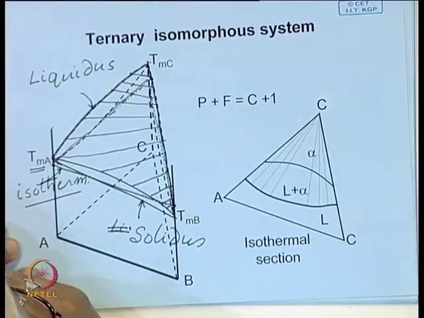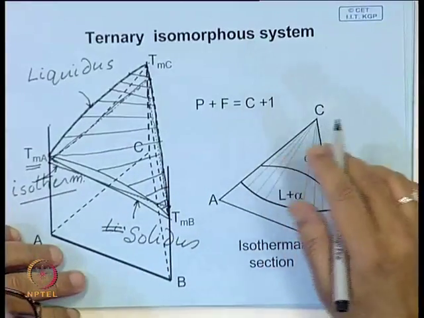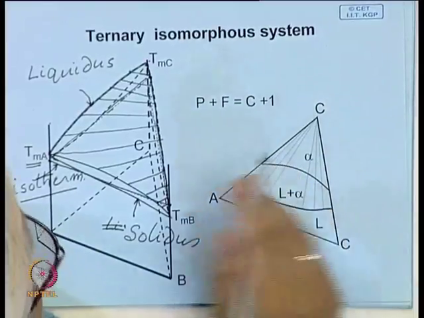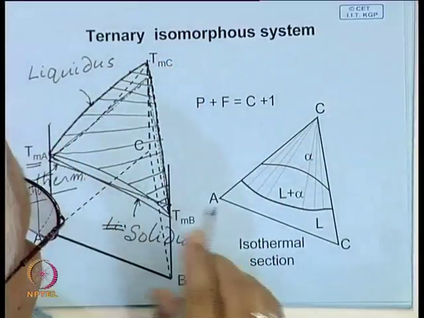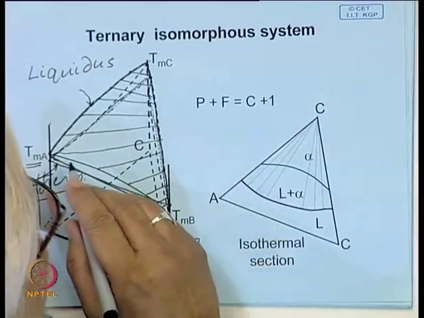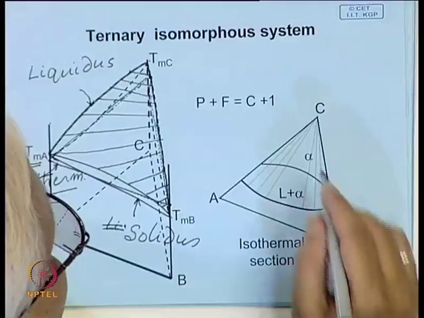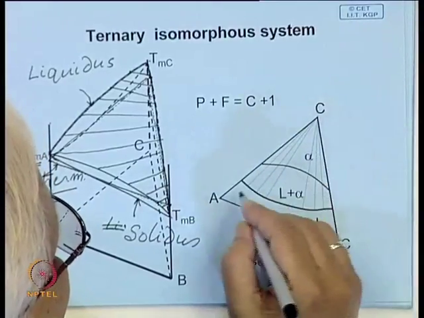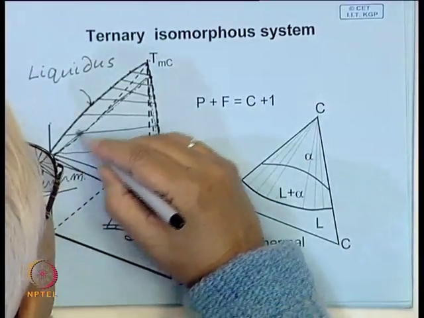On one side, the AC portion will be solid, so the plane will cut the solidus line.